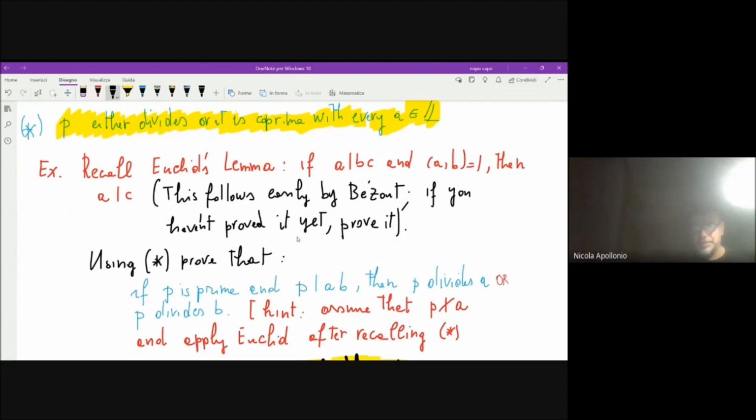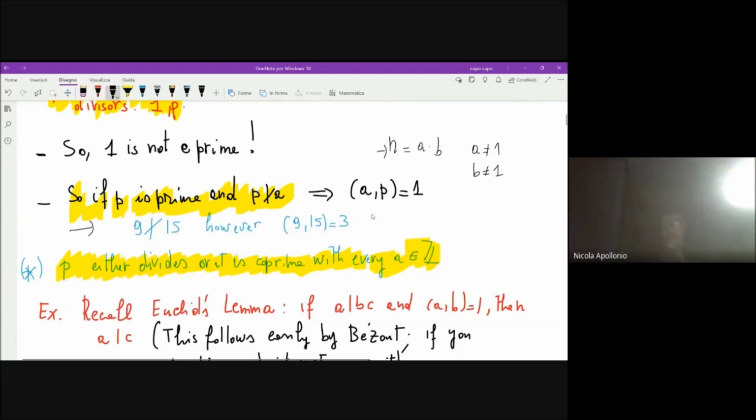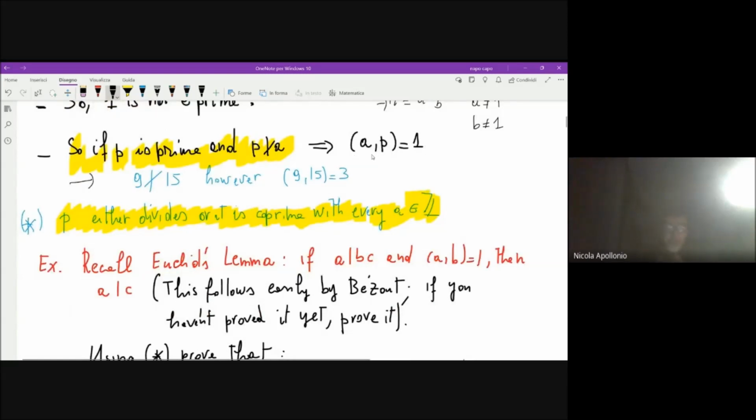What Euclid's lemma says is that if A divides B times C, and A and B are coprime, then necessarily A divides C. This is very easy for prime numbers, because A and the prime number are coprime provided that A is not a multiple of P.